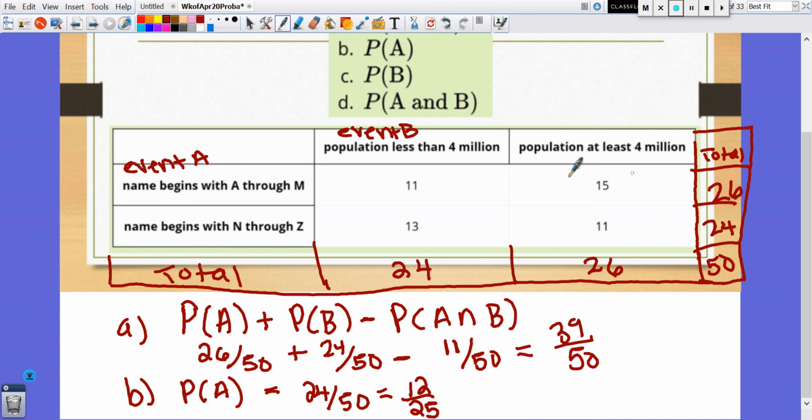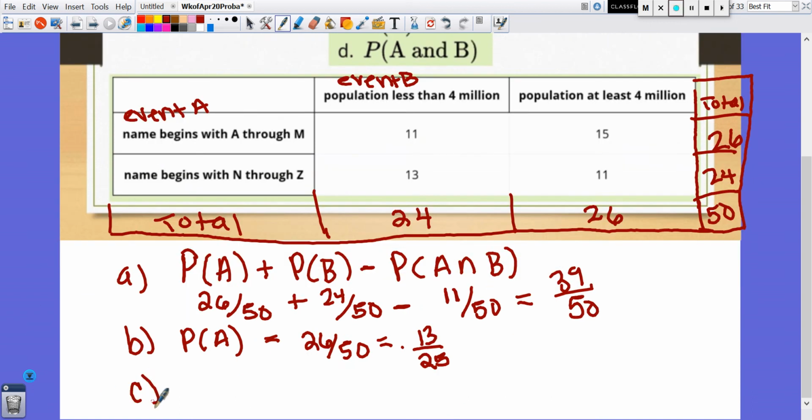Probability of event A is 26 out of 50. Sorry, read that wrong. This is event A right here. So 26 out of 50, that needs to be reduced. It would be 13 out of 25.